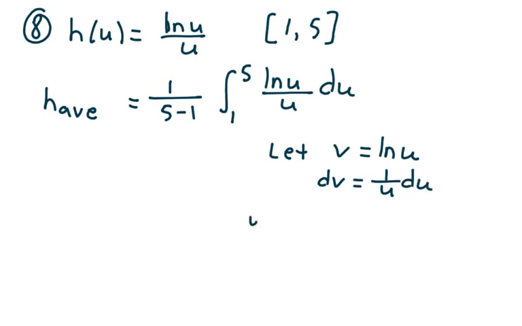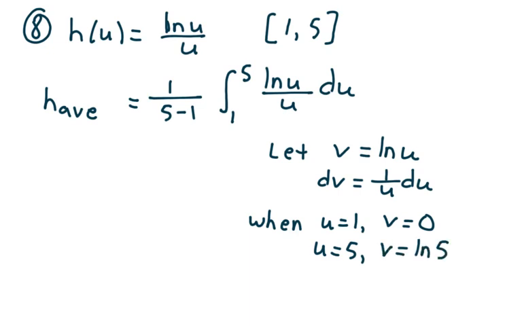So, when u is 1, v is natural log of 1, which is 0. When u is 5, v is natural log of 5. Okay?